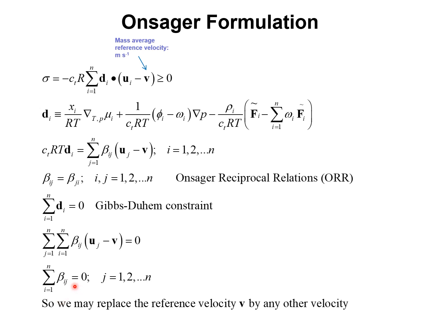And a consequence of this restraint is that we may replace the reference velocity v here, which is the mass average reference velocity, by any other arbitrarily chosen velocity.